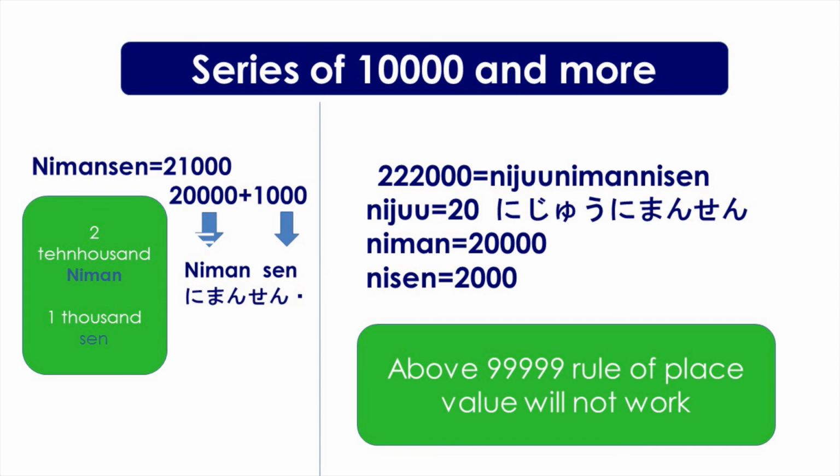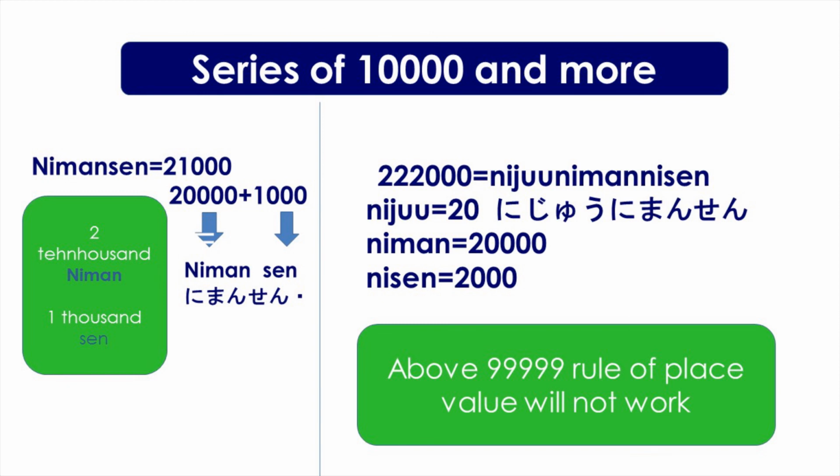So this number will be Ni Ju, Ni Man and Ni Sen. Ni Ju for 20, then after that 20,000, after that 2,000. So split these numbers accordingly for every large number as written below. We will follow the above pattern.